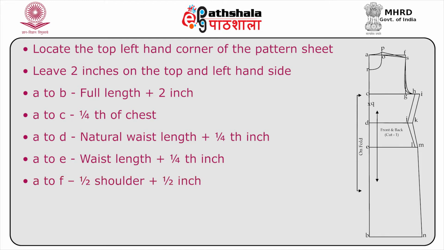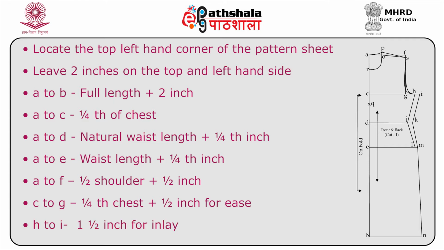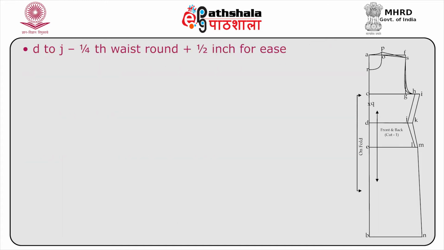A to F is half shoulder plus half an inch. C to G is 1/4 chest plus half inch for ease. H to I is 1.5 inches for inlay. D to J is 1/4 waist round plus half inch for ease.